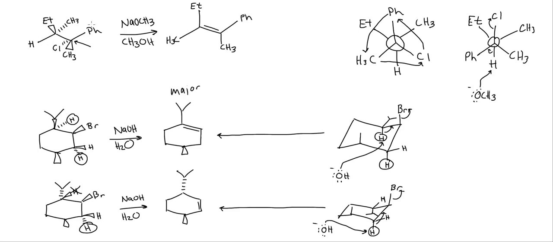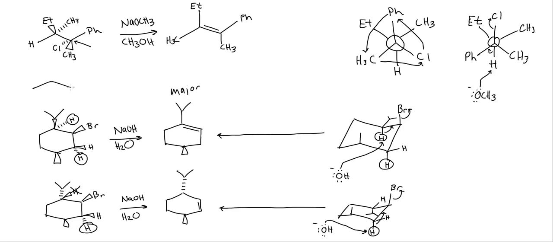So without even drawing the Newman projection, I know that the other thing that is in the plane of the screen that's going up is opposite to it, right? So all I need to do is get chlorine where phenyl is. Okay, so if I get chlorine where phenyl is, then that'll get me to where I need to go.